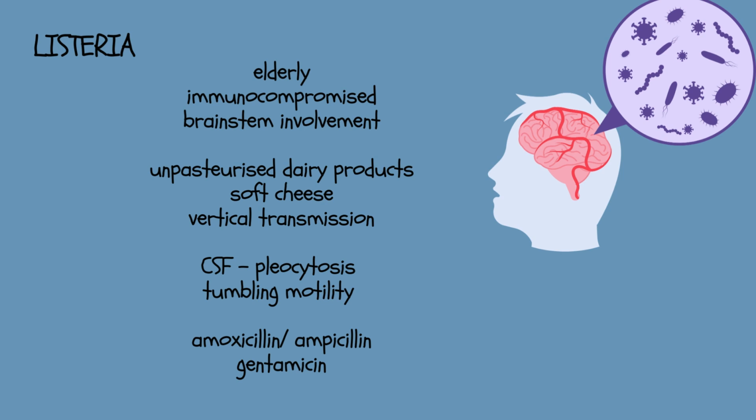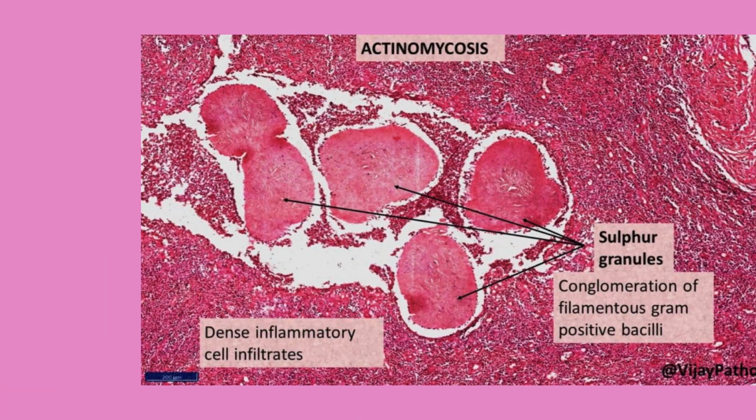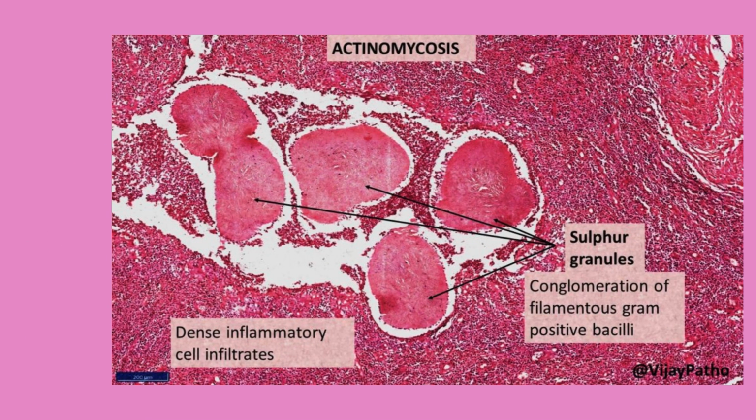Okay, that was your gram-positive bacilli. To wrap up, gram-positive bacilli also include actinomycetes, and Actinomyces is one of the actinomycete species that cause actinomycosis, orofacial actinomycosis. The characteristic feature is sulfur granules, which are a conglomeration of filamentous gram-positive bacilli.